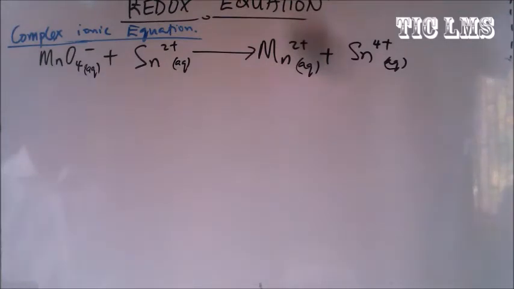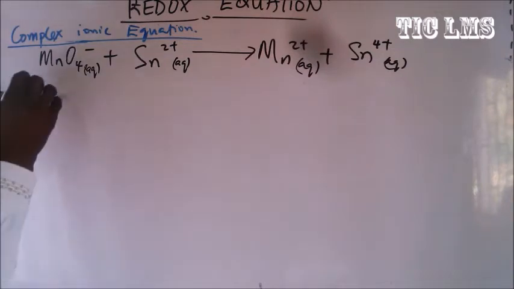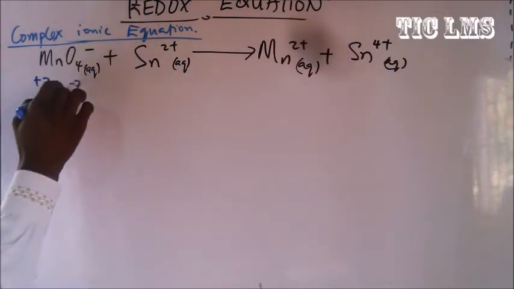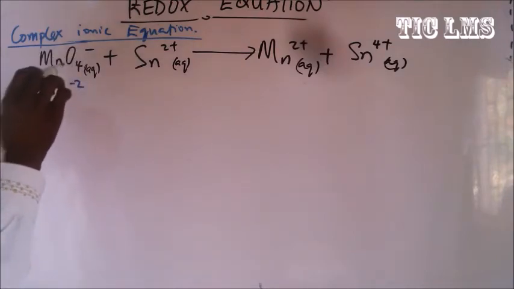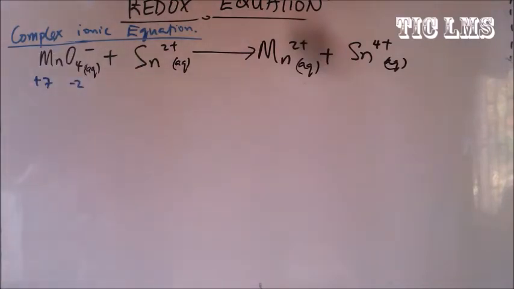Now let's proceed into balancing this equation. First, we need to write out the oxidation number of each of the elements. Here, the oxidation number of manganese is +7. For oxygen here, it is -2. Now, this minus is for the entire radical, so we are not taking this minus.